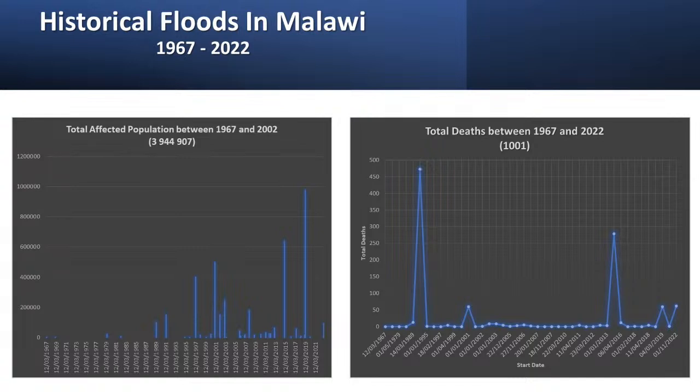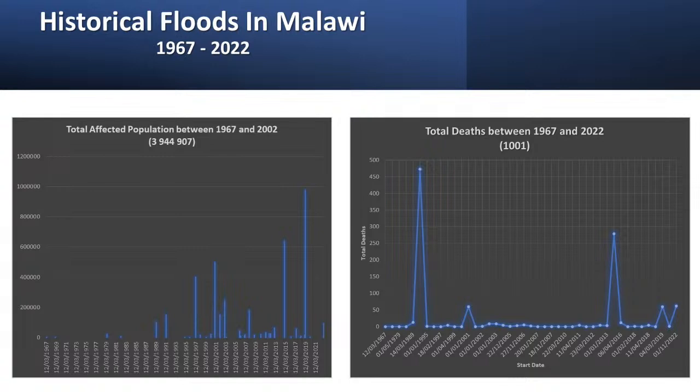The total number of people that were affected during that period, 1967 actually, it was 3,944,907 people. Whether it's correct or not, those are the dangers of putting information online.